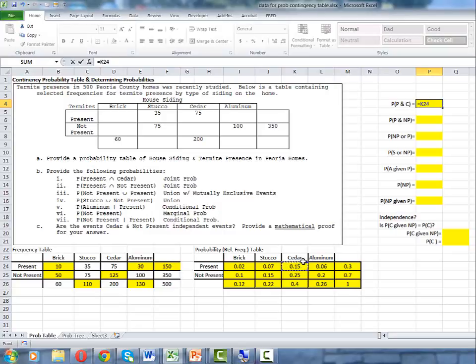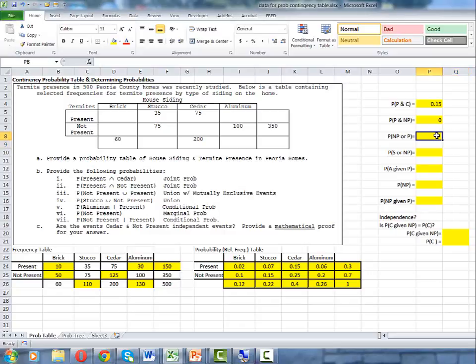So that's just this cell right here. What's the probability that the termites are present and termites are not present in a home? Well, that can't happen, right? So that's not even in this table, which means that it's 0. The probability is 0 that it could happen.